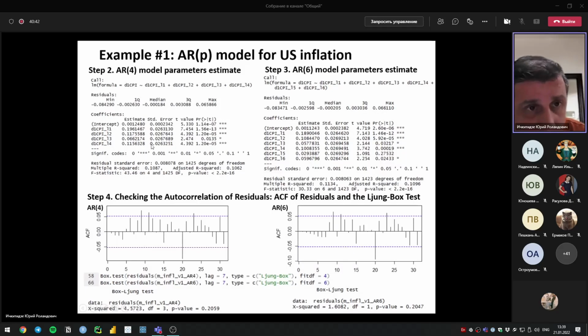Degrees of freedom means the number of the order of the IR model. Therefore, for testing the IR4 model, we type here lag equals 7 and fitdf equals 4. And therefore, in the output of the Ljung-Box test, we see the degrees of freedom equals 3, and this 3 is calculated as 7 minus 4 for our IR4 model.